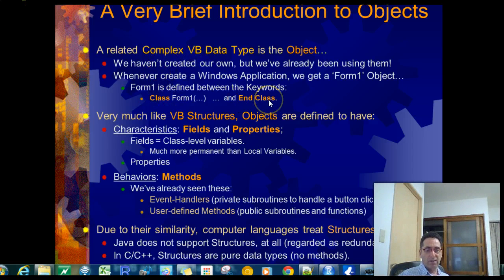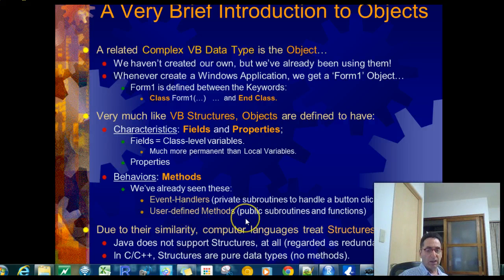class and end-class. Very much like Visual Basic structures, objects are defined to have characteristics, fields, and properties. Fields are class-level variables, and by that he says they're much more permanent than local variables, and also properties. And we also have behaviors, he means methods, and we've already seen these, for example, event handlers and user-defined methods.